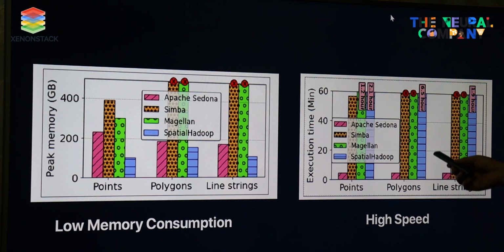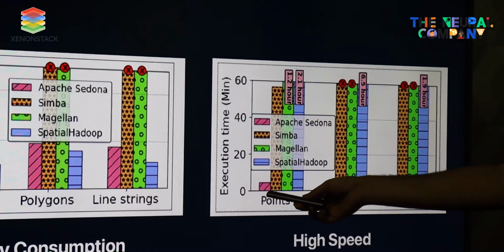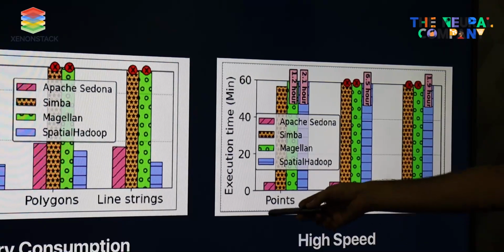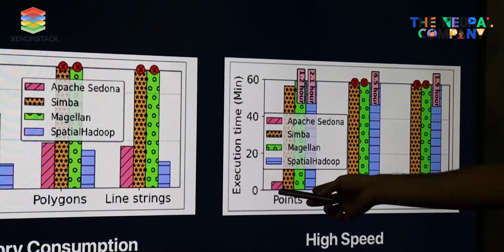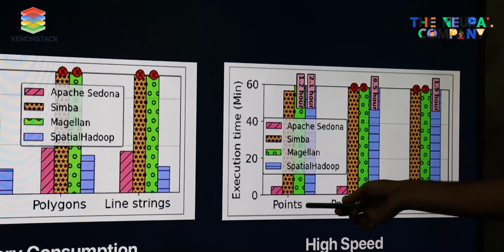In this slide, we can see the processing power of Apache Sedona, and the time it takes to process the same amount of data. If we see the first one, for processing points, it takes a negligible amount of time to process points.